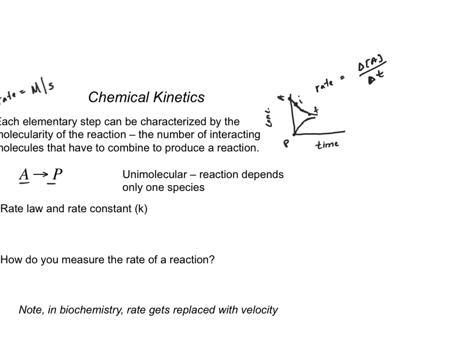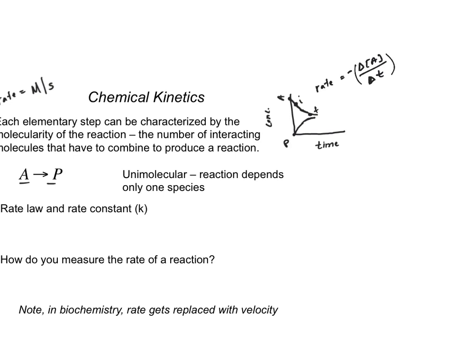That's something that we can measure. What's the problem with the overall sign with respect to this delta A over delta T? So if we have a final state that is less than the initial state, and we're taking final minus initial, what's going to be the sign of this guy? It's going to be negative, right? And so because of that, we don't want to deal with negatives, so we usually put a negative in front so we get a positive overall rate.